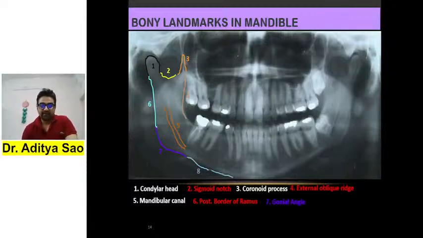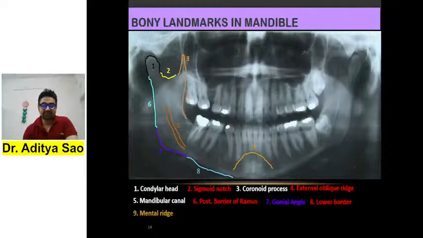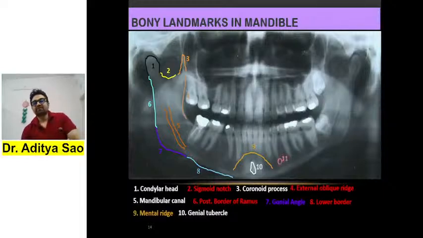Number 8 is the inferior border or the lower border of the mandible. Number 9 is your mental ridge, as I said, not very frequently asked. Number 10 is your genial tubercle, better appreciated in the IOPA. Number 11 is a mental foramen, again very important.